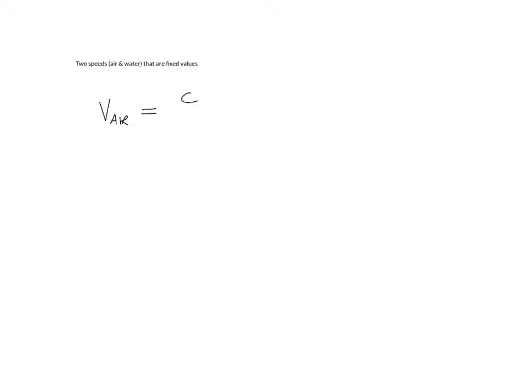Well, it is speed of light, but a particular value. And I'm going to create a new variable. And I have the speed in water, speed of light, relative to some feature about water.